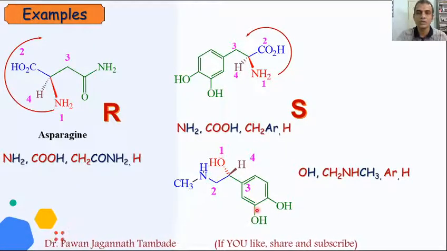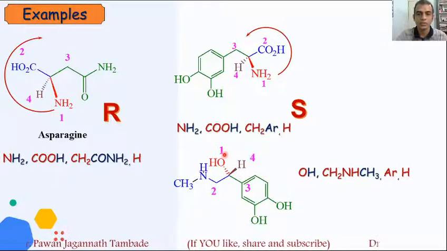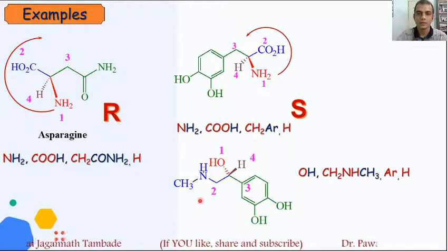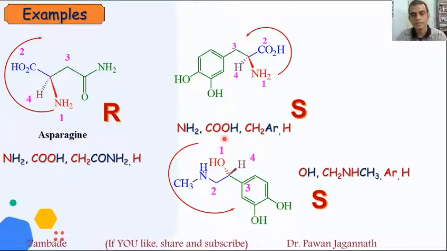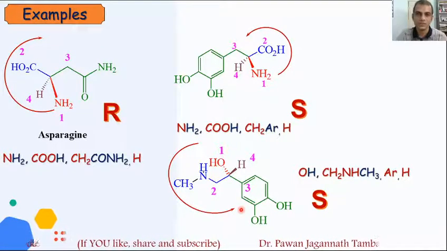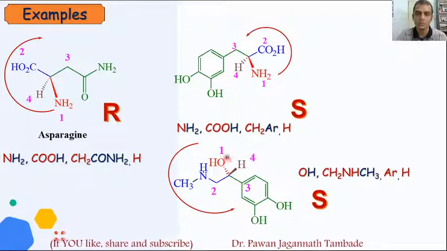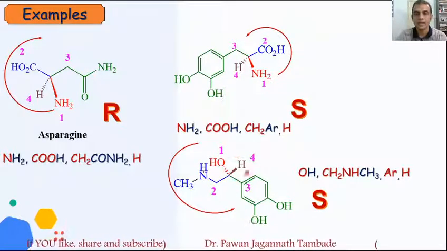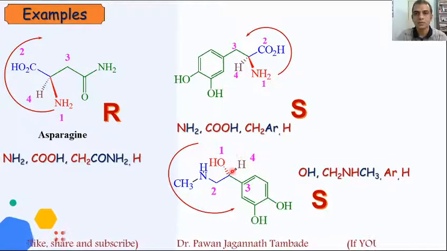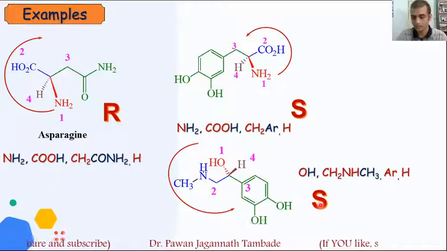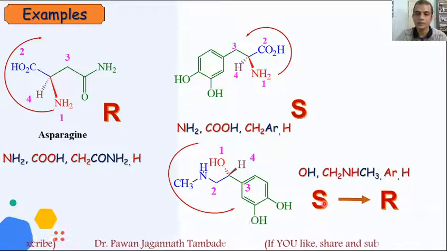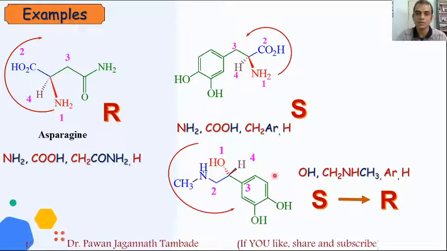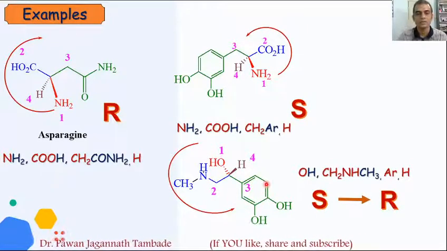When you read these 1, 2, 3 groups, you read it in anti-clockwise manner. So this molecule is having S configuration according to this step, but the fourth priority atom is towards the observer, so we will use opposite rule and thus this S becomes R. So the configuration of this molecule is R configuration.